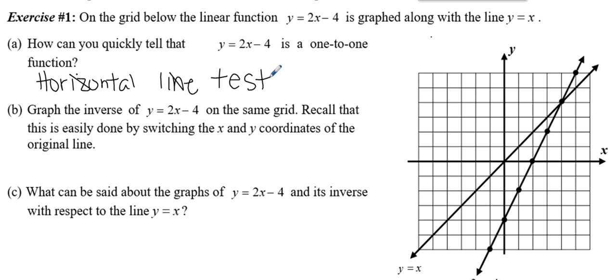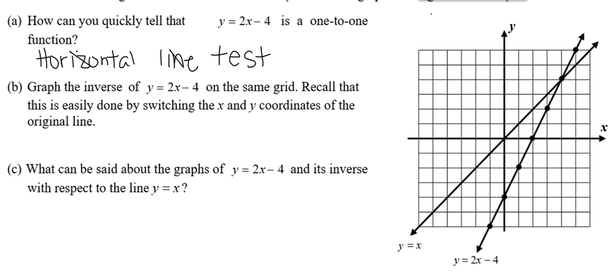B says to graph the inverse of y equals 2x minus 4 on the same grid. Recall this is easily done by switching the x and y coordinates of the original line. I'm going to change my color to blue. I'm just going to write down the points of my original function so I can easily find the inverse.